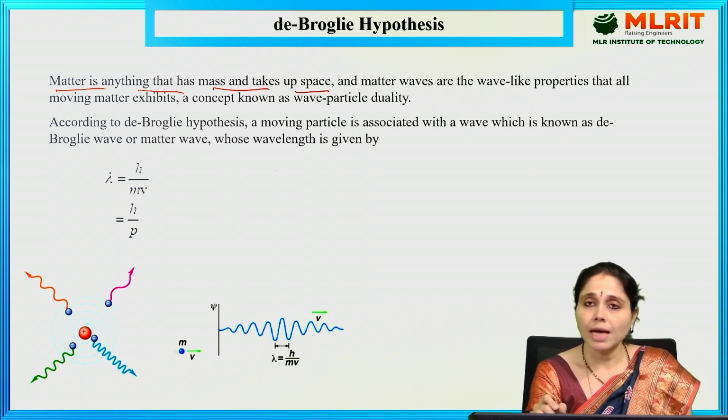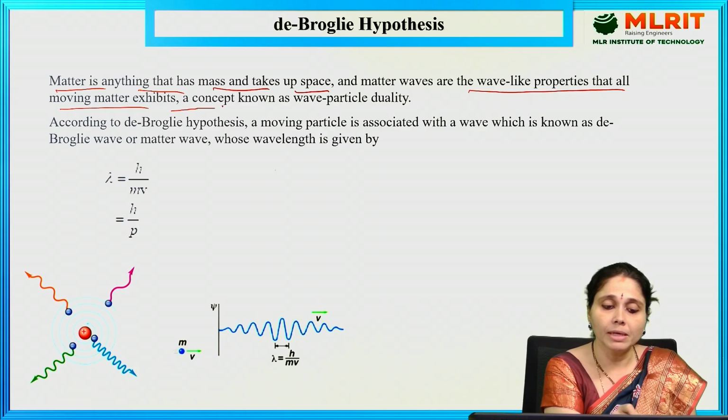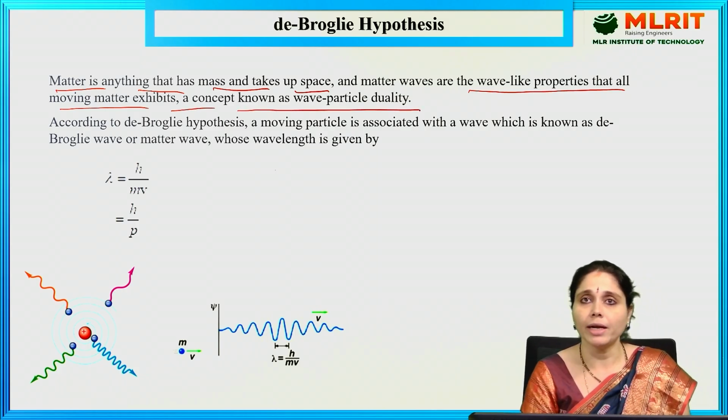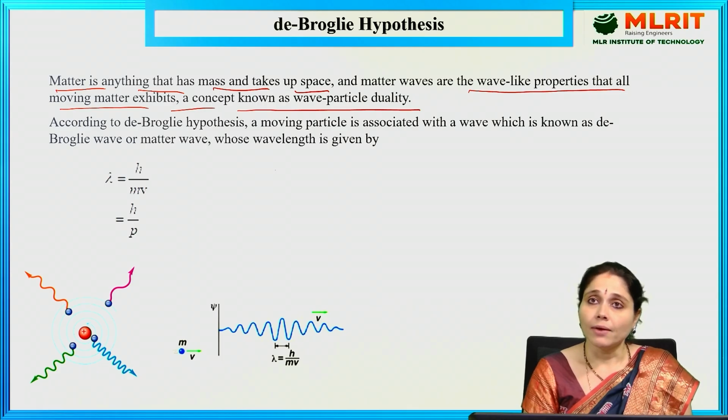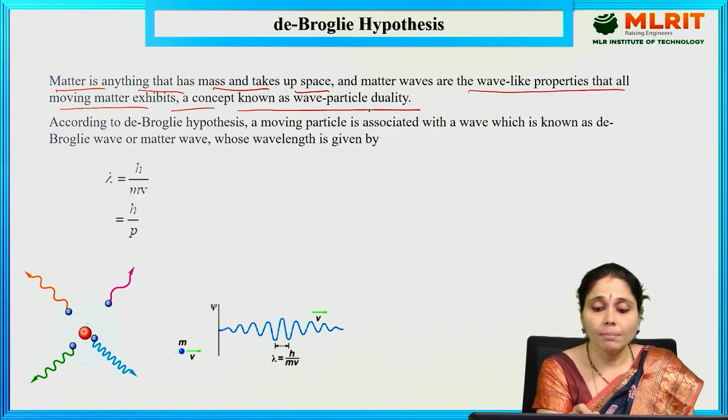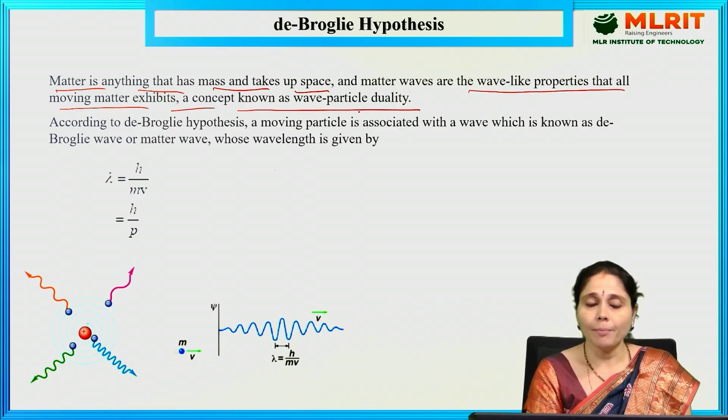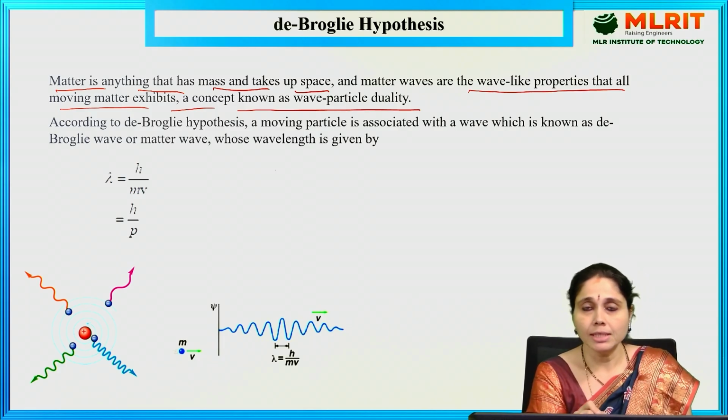Matter waves have wave-like properties that all moving matter exhibits, a concept known as wave-particle duality. So the concept of wave-particle duality comes into existence, where matter has wave-like properties and is also particle in nature. According to the de Broglie hypothesis, a moving particle is associated with a wave.